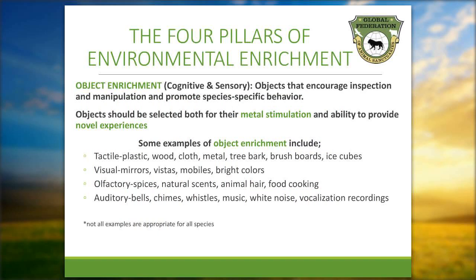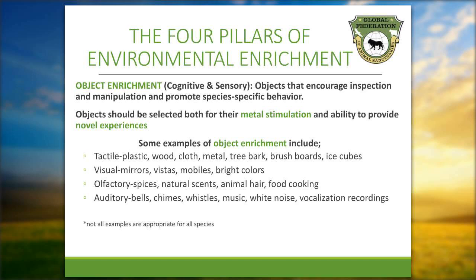So some examples of object enrichment might include tactile enrichment, such as plastic, food, cloth, metal, tree bark, brush, boards, or ice cubes. Visual objects such as mirrors, vistas, so where the animal can actually see outside of its enclosure, mobiles, and bright colors.